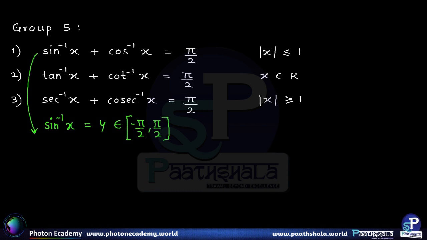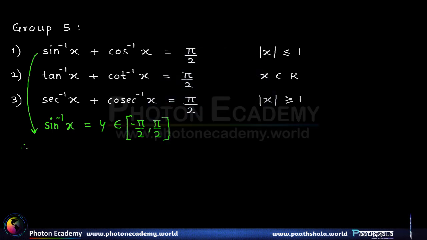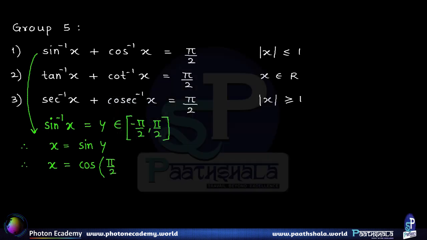Okay. Now moving ahead, we can say that x then must be equal to sin of y, right? And now we can write that sin y is same as cos of pi by 2 minus y, because we know that that is always true. That's an identity for any angle y.